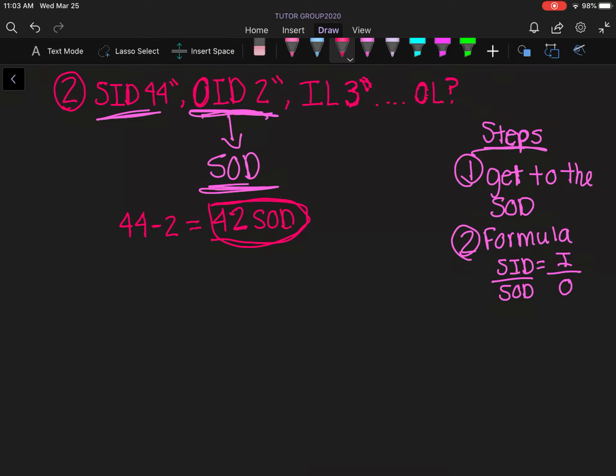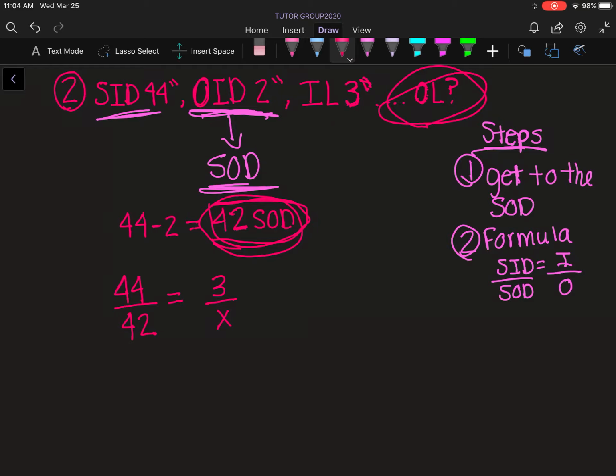SID is 44 still, over our new SOD, which is 42, equals 3 over X, because we're looking for our object length.